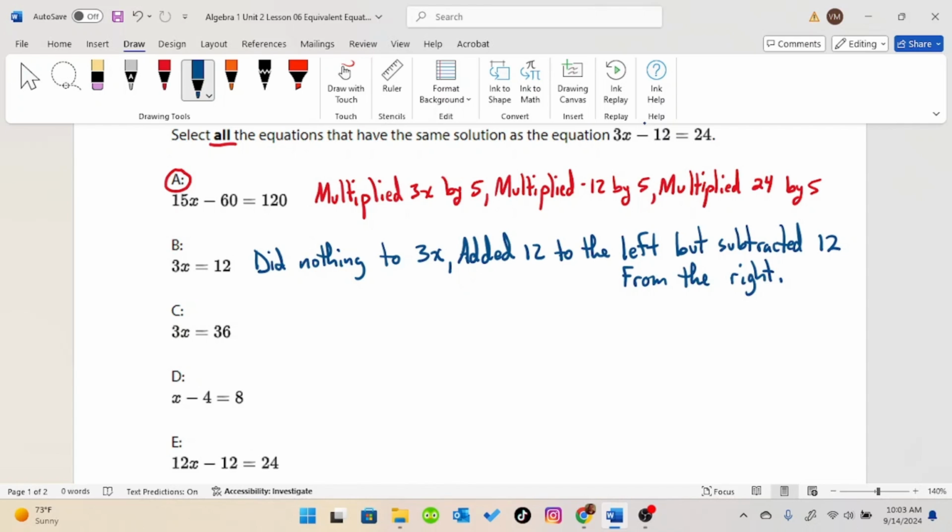So they did opposite things to each side. In order for this to be equivalent, you would have had to do the same thing to both sides. So B is not a correct answer.